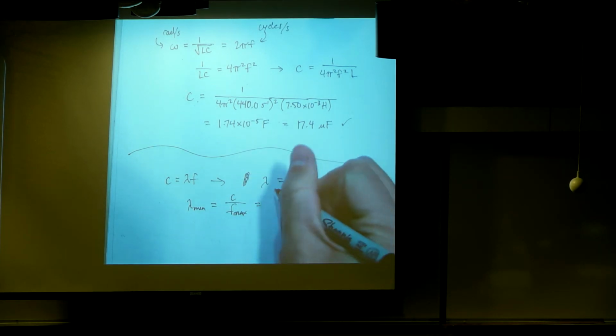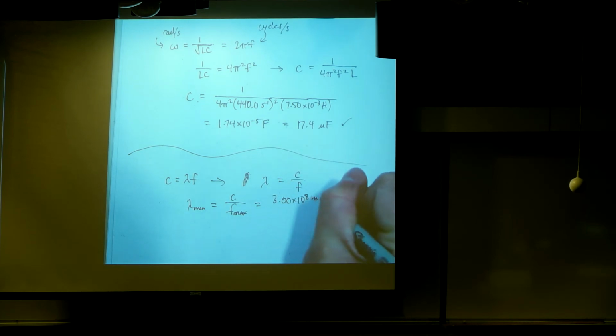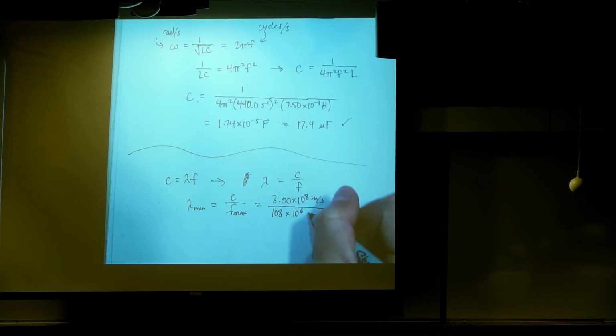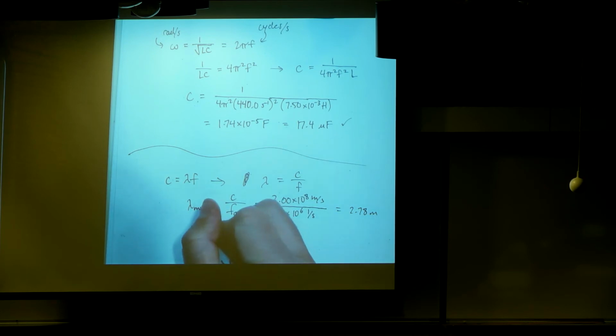The speed of these EM waves is 3 times 10 to the 8 meters per second, and the maximum frequency is 108 megahertz. So that's 108 times 10 to the 6 hertz, which is the same as inverse seconds. So you see the seconds cancel and you get meters. This comes out to about 2.78 meters.